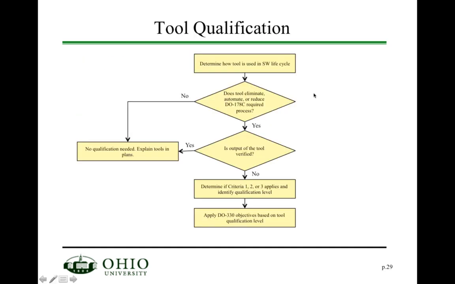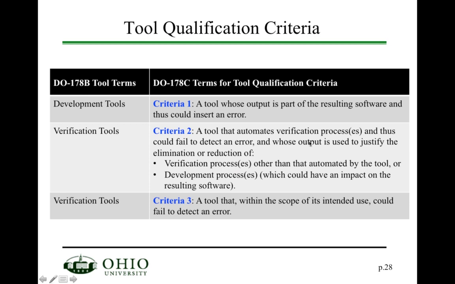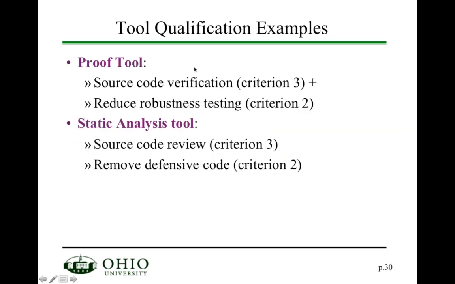In criterion 2, again, it's a tool that automates a verification process and could fail to detect an error, and, very important, whose output is used to justify the elimination or reduction of certain processes, either verification or development. In the reduced robustness testing case, you try to reduce the amount of robustness tests you need to perform, hence criterion 2. Here you actually remove defensive code, which is development, so you reduce a particular development process, so it's criterion 2.